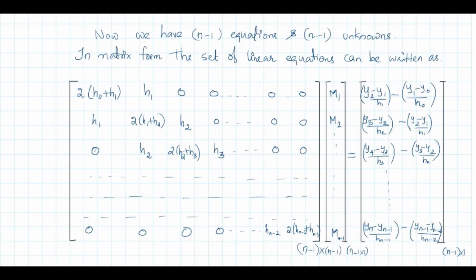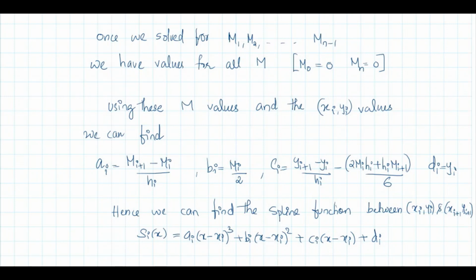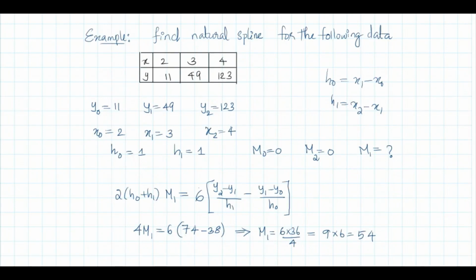From this equation, we have (2h0 + h1) m1 equal to 6 into, here I forgot to write, 6 into (y2 minus y1) by h1 minus (y1 minus y0) by h0.